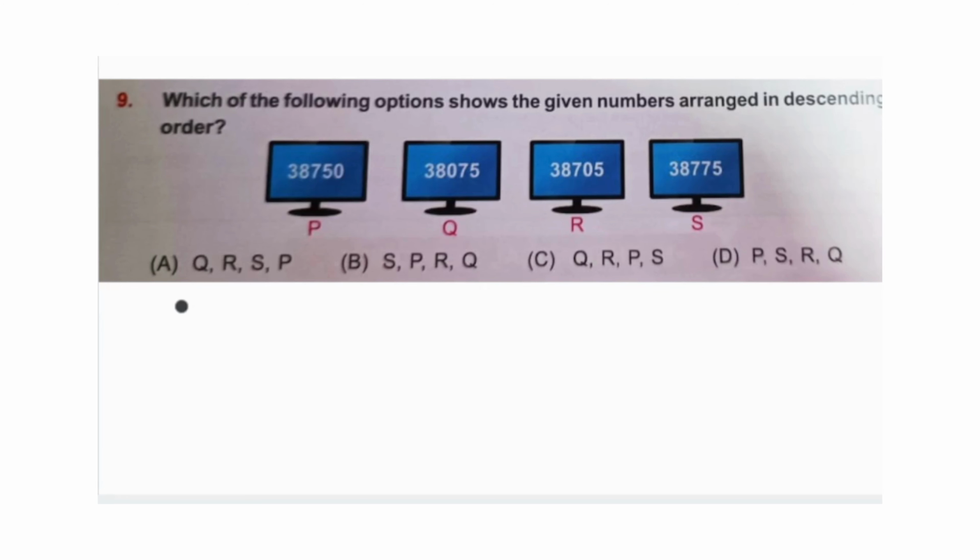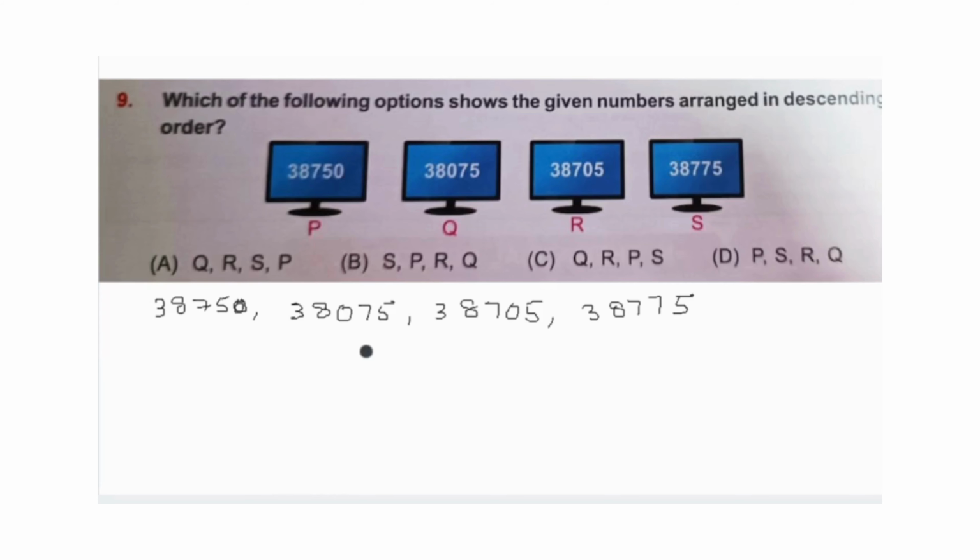Okay, so let's first write down the numbers, our value for P, Q, R, S. Let's write the numbers, which is 38750, and then you have 38075, and then you have 38705, and finally you have 38775.